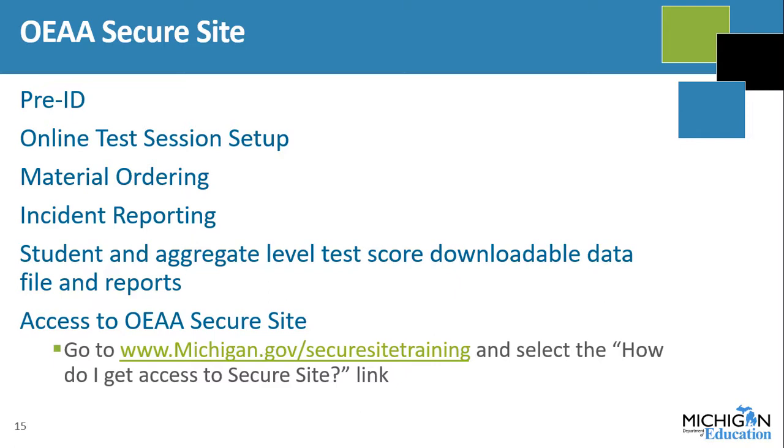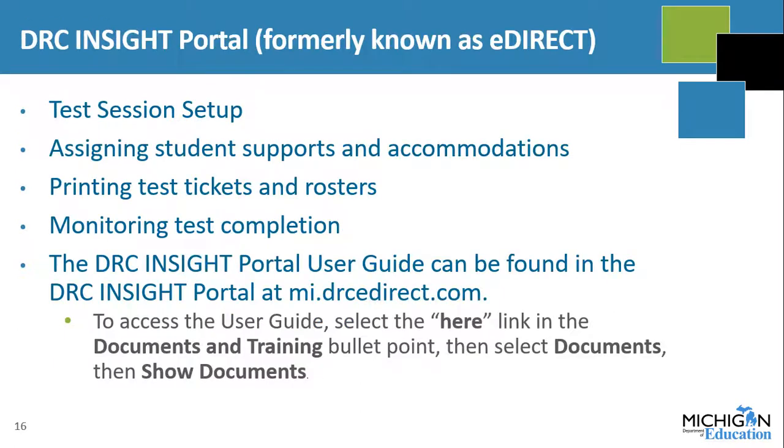The DRC INSIGHT Portal was formerly called eDIRECT, and it is DRC's test management software. Assessment coordinators can set up test sessions in the DRC INSIGHT Portal, as well as in the Secure site depending on the date. Student supports and accommodations need to be set up in the DRC INSIGHT Portal.